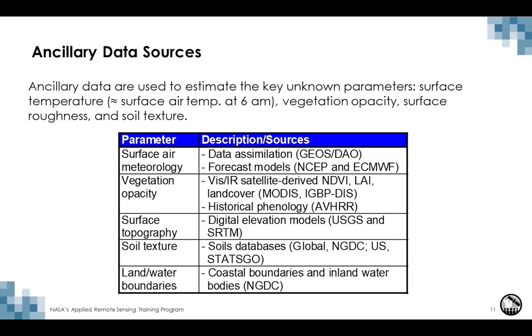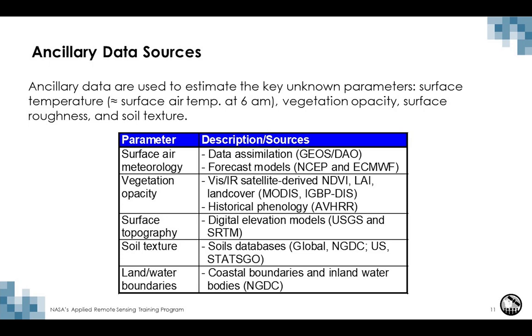So for example, surface air meteorology, that contains information on air temperature, precipitation, vegetation opacity, so how thick is your vegetation, what's the water content of the vegetation, surface topography, for that a digital elevation model is used, soil textures, land-water boundaries, so we want to know where there's water and where there's land.